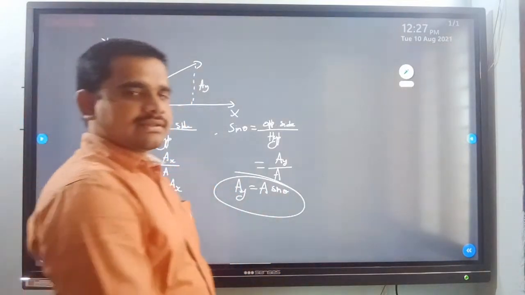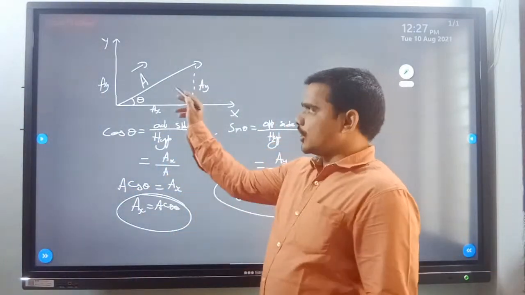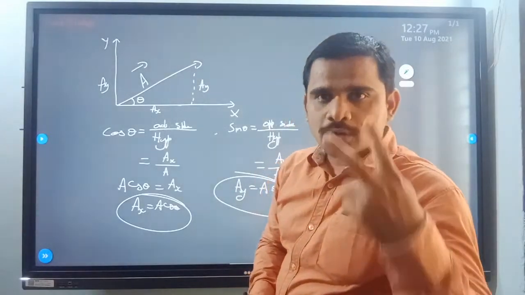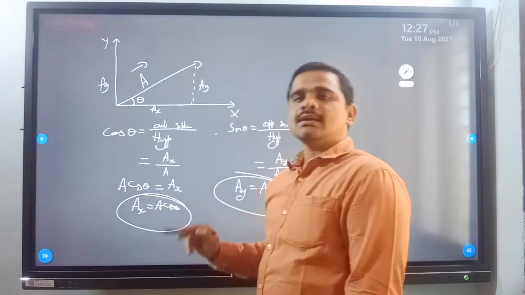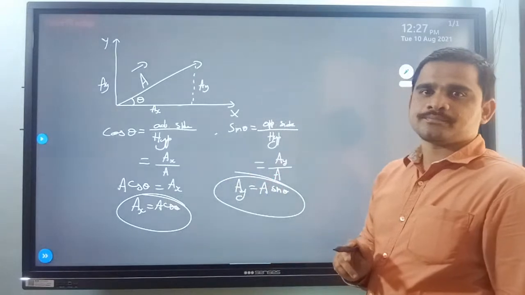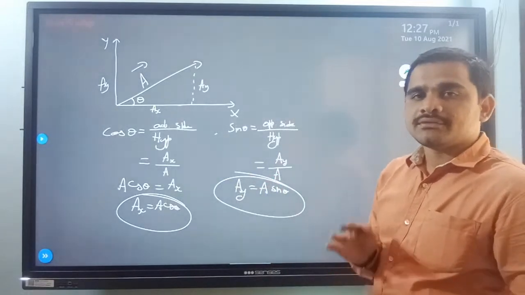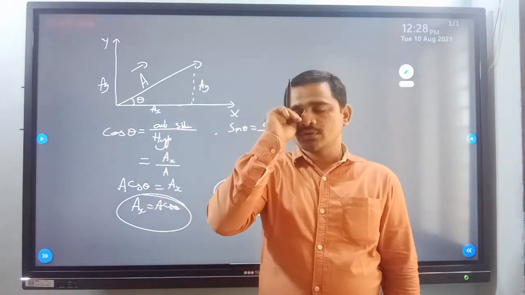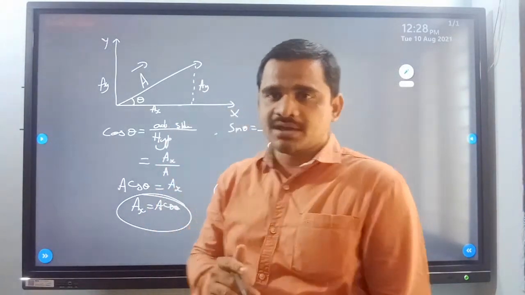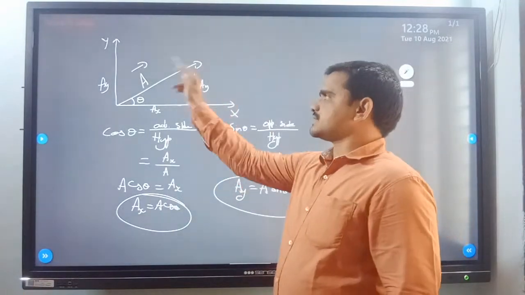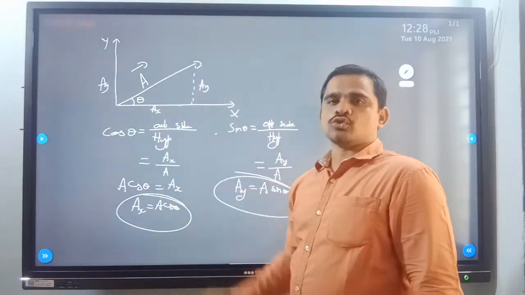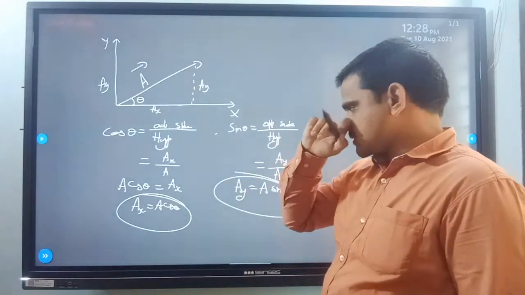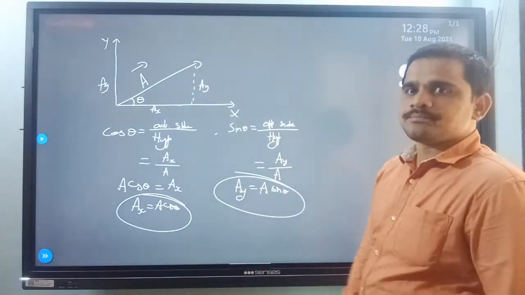Listen here. This vector A can be resolved, divided into two components: one is A cos theta and the other is A sin theta. A vector can be divided into two components. This is very important throughout the two years of physics. Ax is A cos theta and Ay is A sin theta.